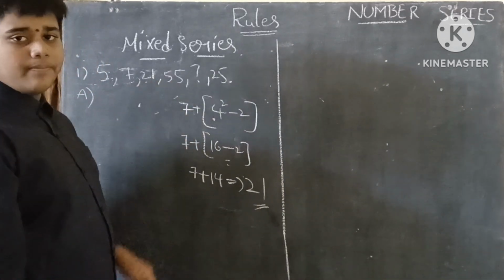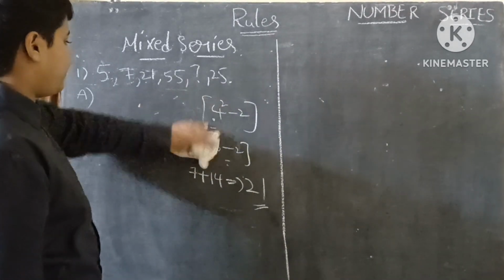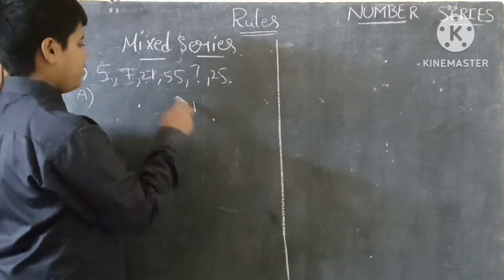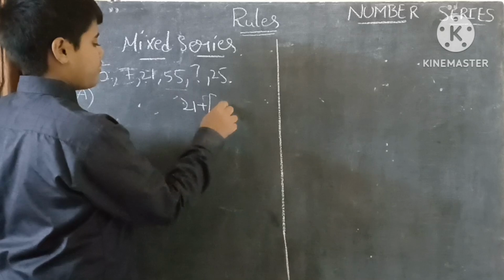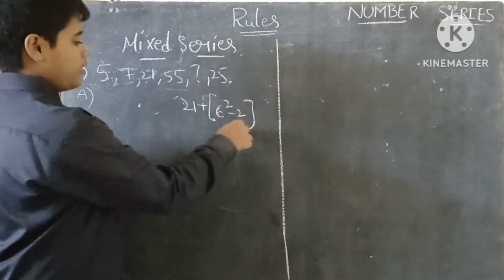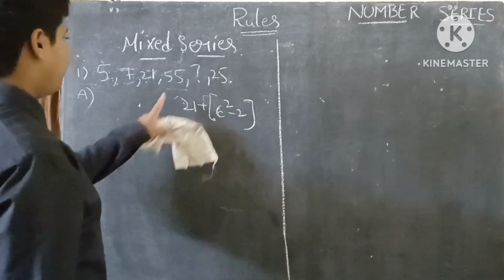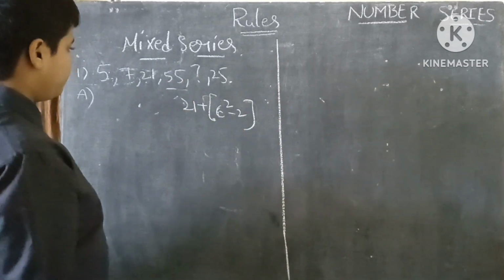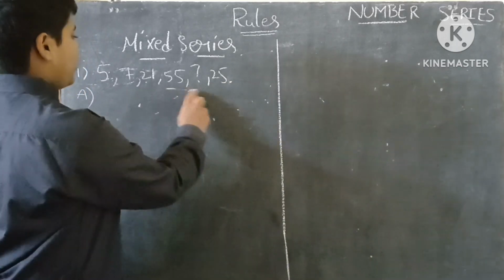And same rule, for getting 55, 21 plus 6 square minus 2. We have to take 6 square, 2, 4, 6 even numbers. 6 square minus 2, we can get the 55. Okay. And we have to find the unknown number.